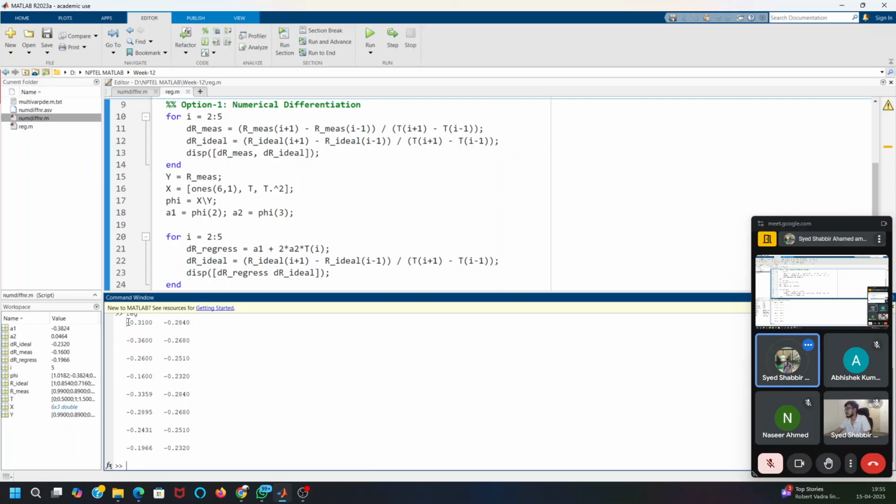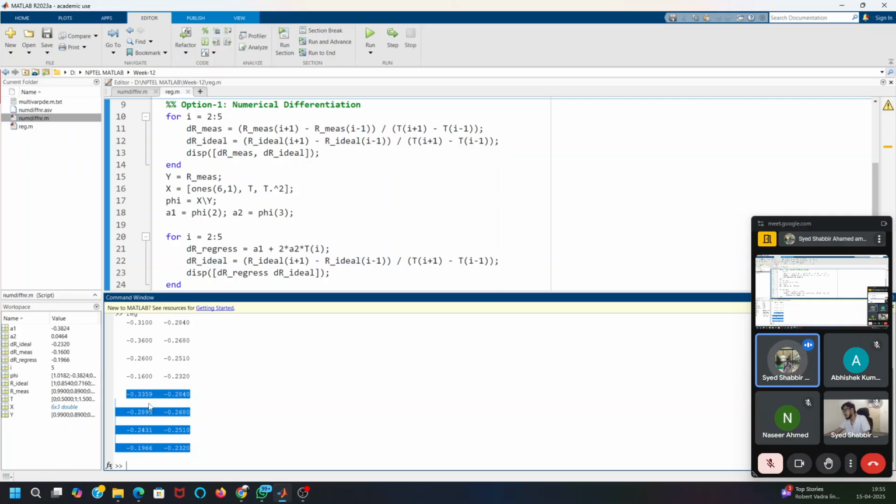So these were our initial differentiation comparison while directly using the measured values, and these were the numerical differentiation after fitting the curve.